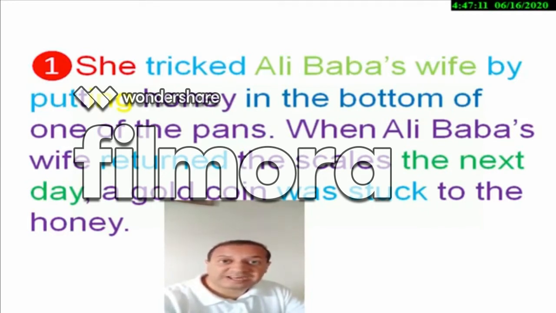You see how did Qasim's wife trick Ali Baba's wife?